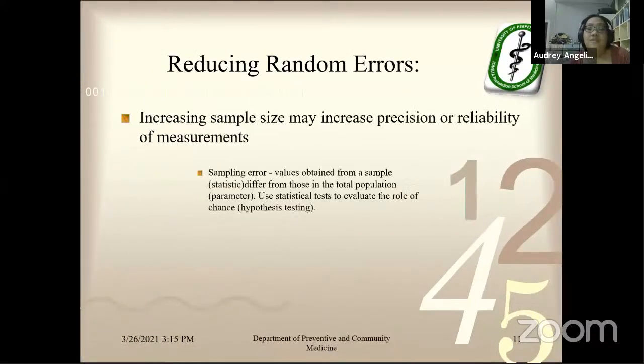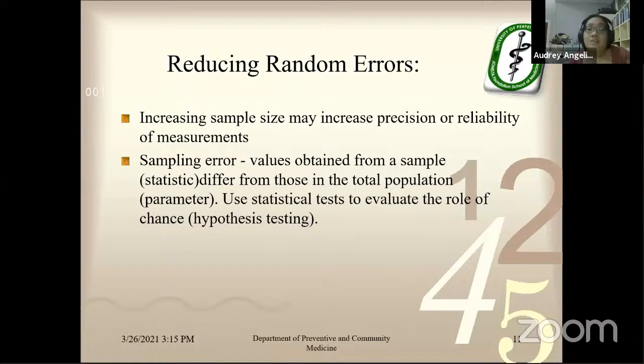How to reduce? Okay, you increase your sample size. So this may increase precision or reliability of measurements. Of course, the ideal would be testing the whole population, but that is not feasible all the time. Sampling errors, so values obtained from a sample would differ from those in the total population. That's why we use statistical tests to evaluate the role of chance in these cases.